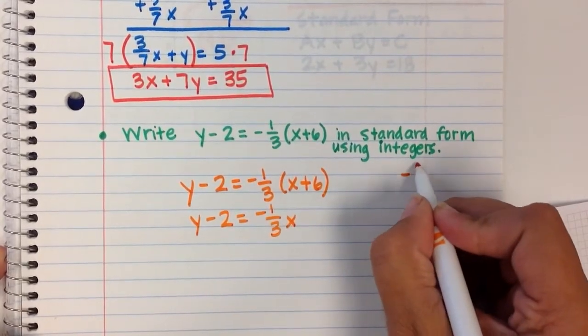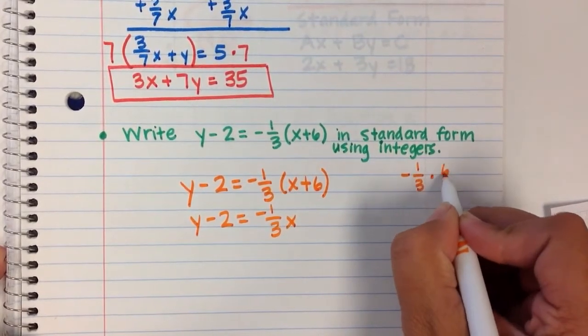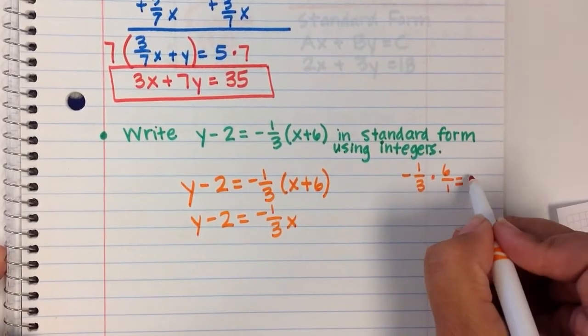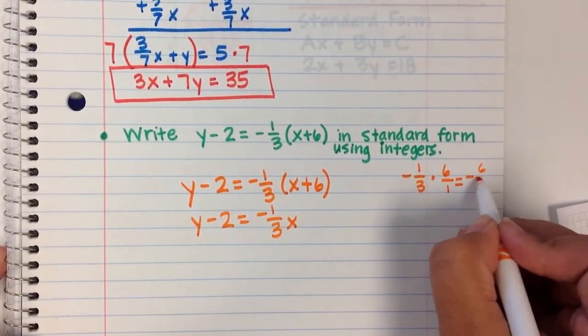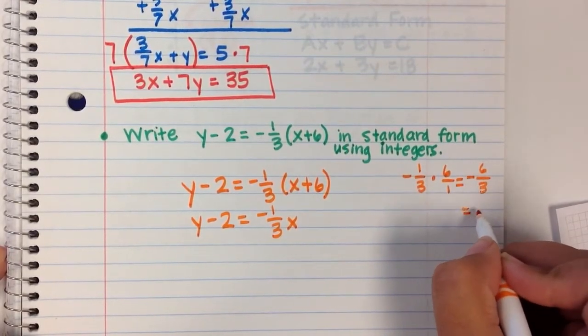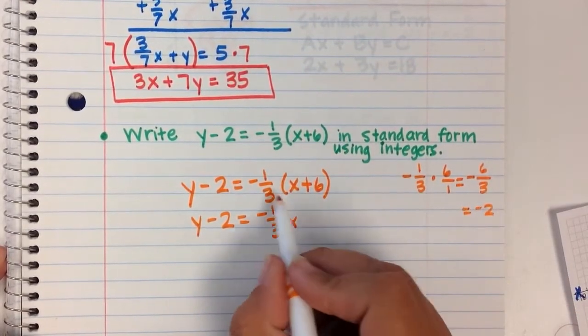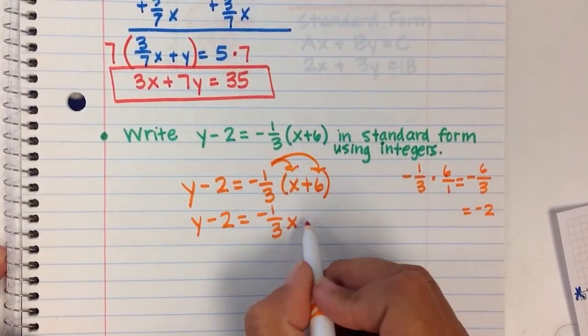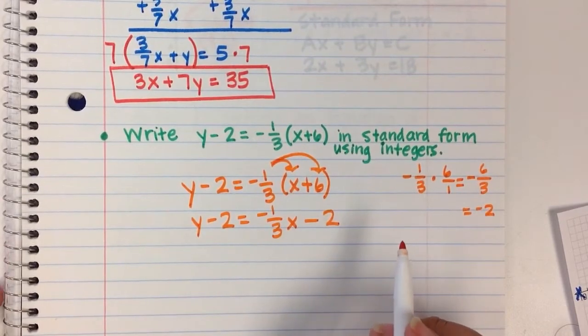Now I got to figure out what is negative 1/3 times 6, which is the same as 6 over 1, right? A negative times a positive is a negative. 1 times 6 is 6. 3 times 1 is 3. Negative 6 over 3 is negative 2, right? So when I distribute here, I got negative 1/3 x, distribute here, and I'm going to get minus 2.